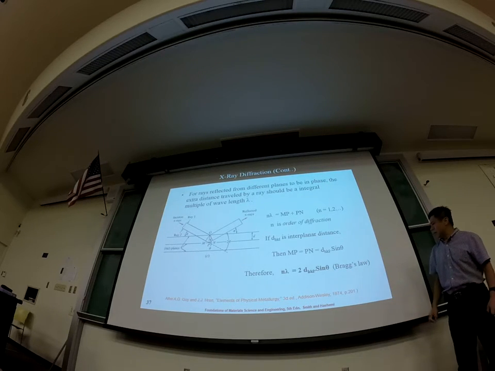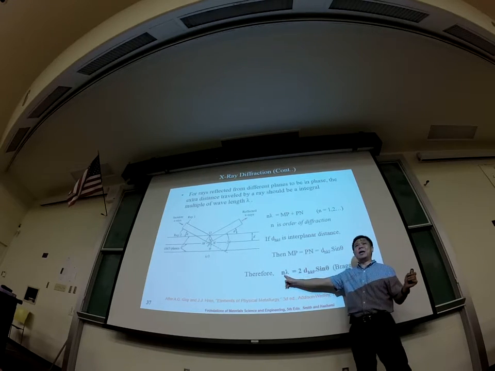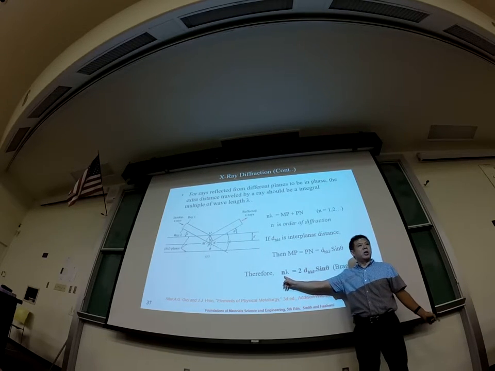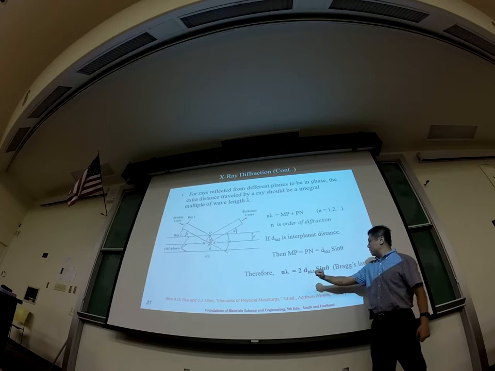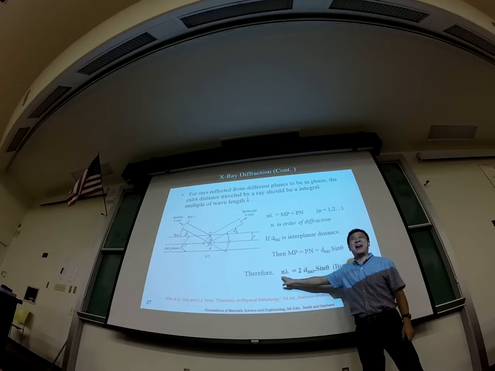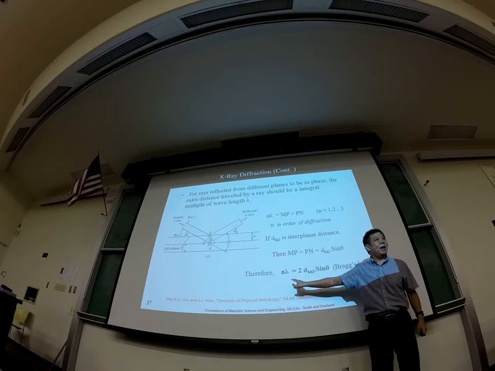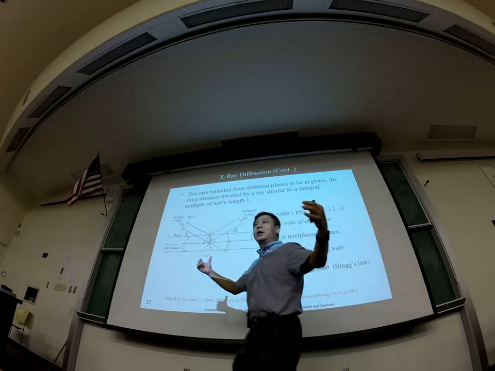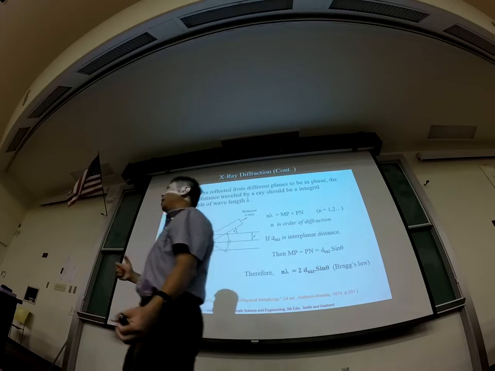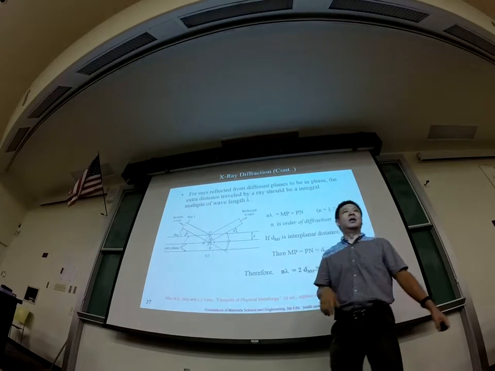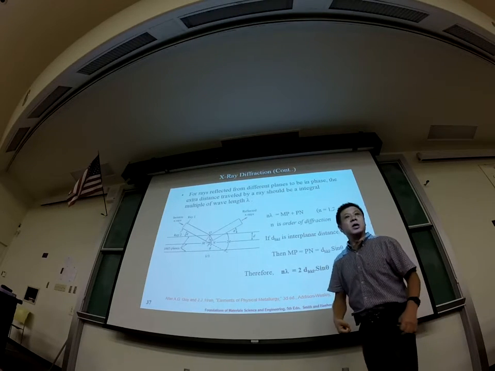One important thing here: the first one is a number, an integer. It could be 1, 2, or 3, right? That is what we call the diffraction orders. Lambda is a fixed number, because when you do crystal analysis, you usually just use one X-ray, for example Mo K alpha or Cu K alpha line.